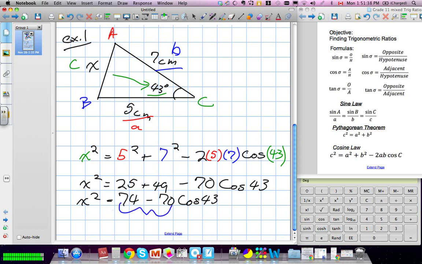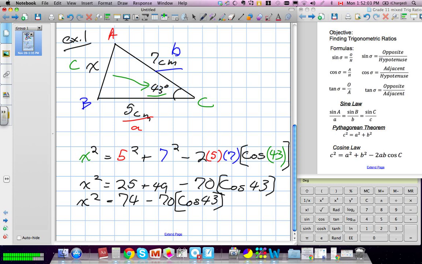What this says is 70 multiplied by cos 43. We always deal with multiplication first. Okay? So if you have to put maybe a little pair of brackets around cosine, so that you can remember that it means to be multiplied by to help you with BEDMAS, you go right ahead. Do not subtract 74 minus 70 and then multiply. That's not correct order of operations.